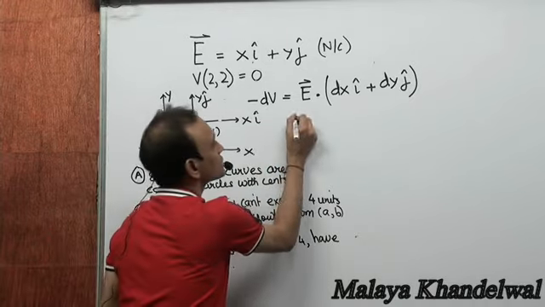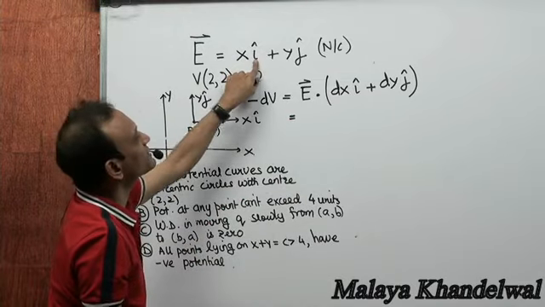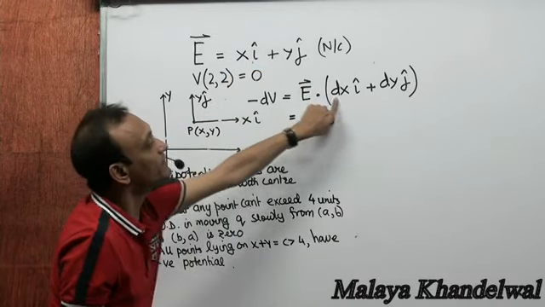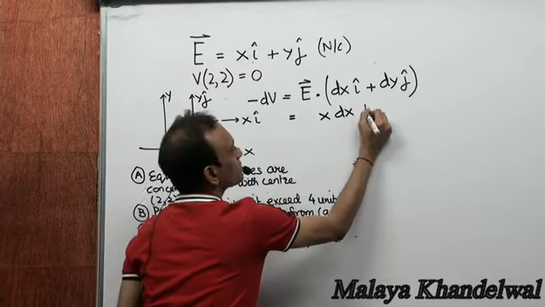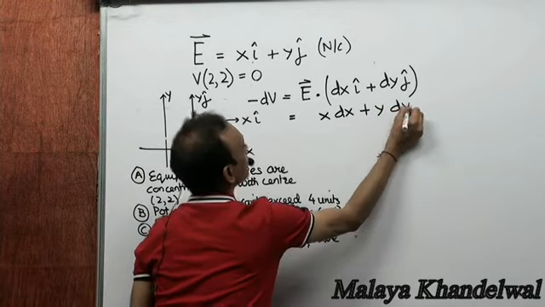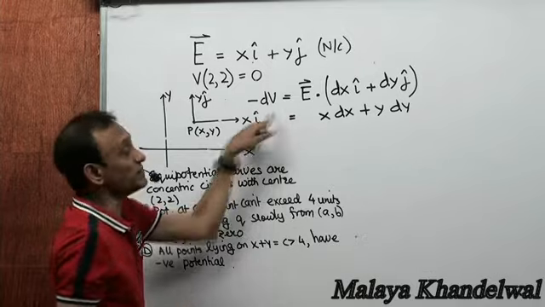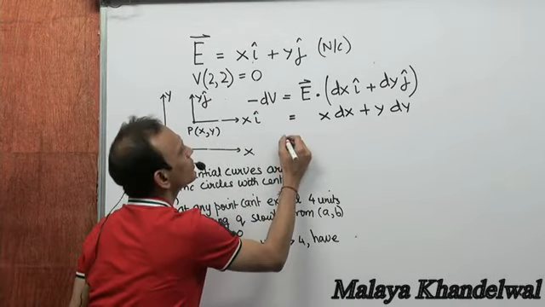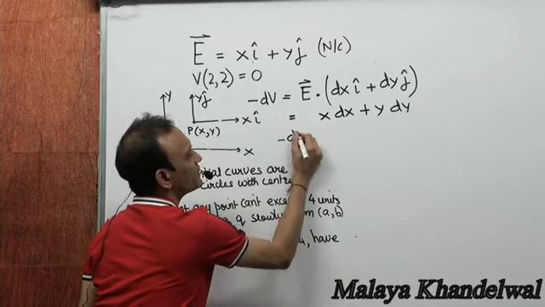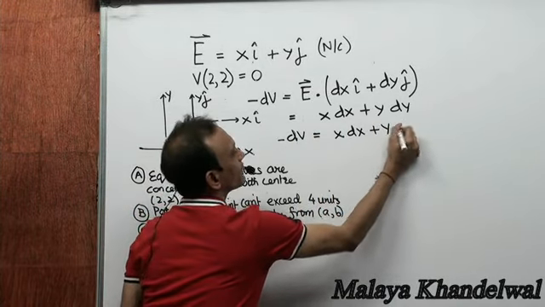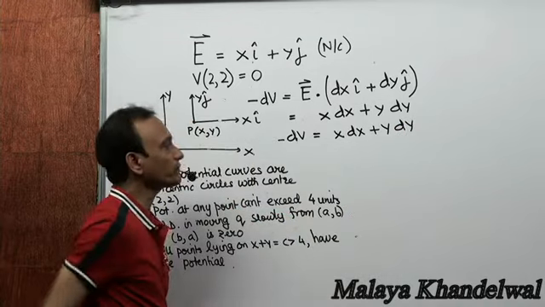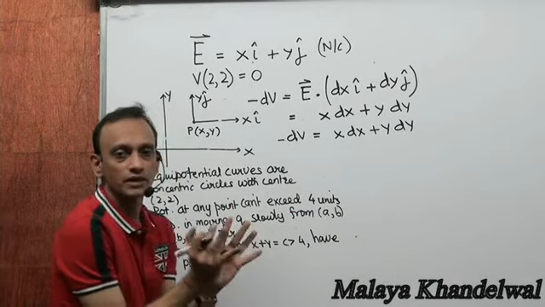Now, what does this turn out to be? E, if I plug in as x i cap plus y j cap, then taking the dot product this becomes x dx plus y dy. That's minus dV. So minus dV is x dx plus y dy. Let me integrate both sides.